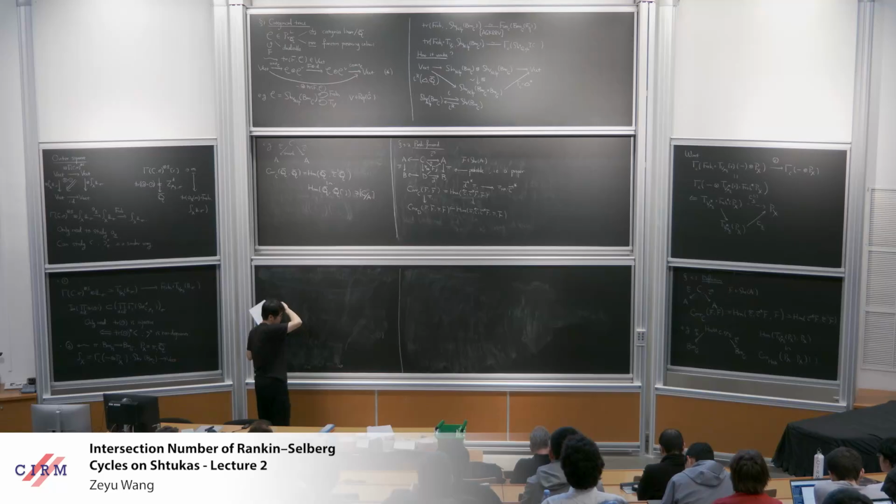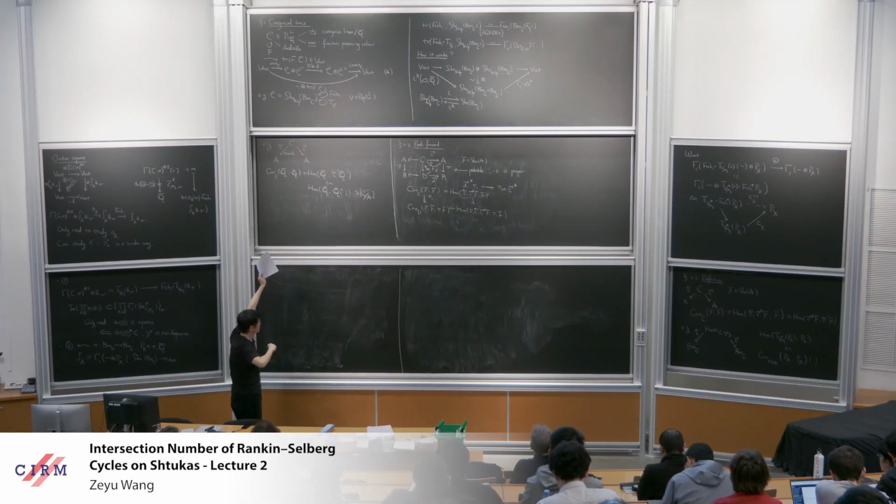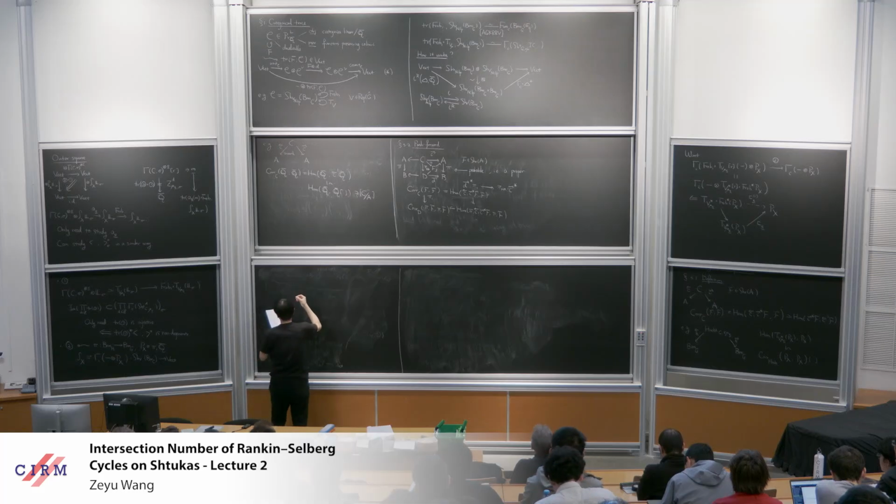Recall that special cycles are really a map from Shtukas of H to Shtukas of G, but Shtukas come from the Hecke correspondence.